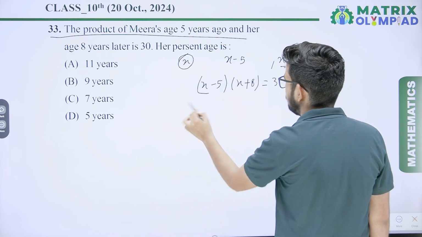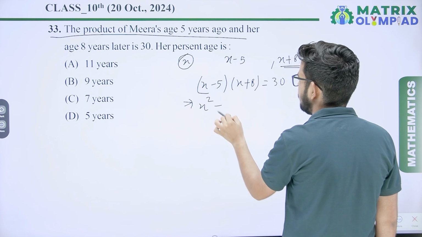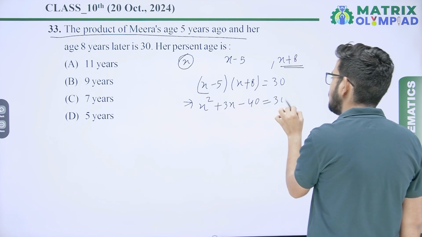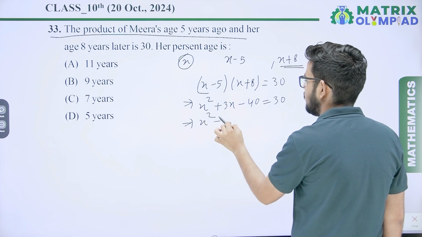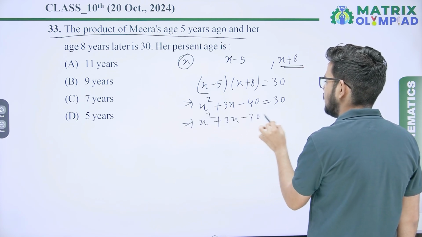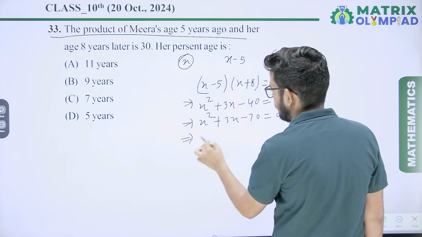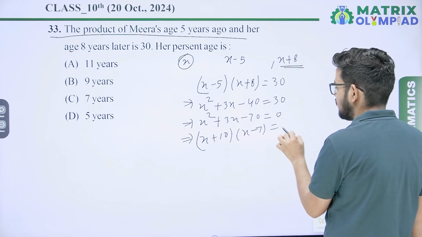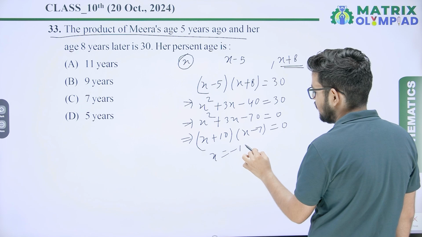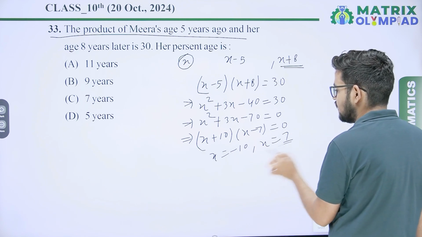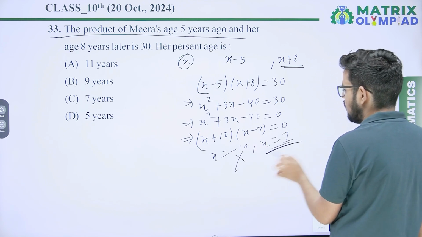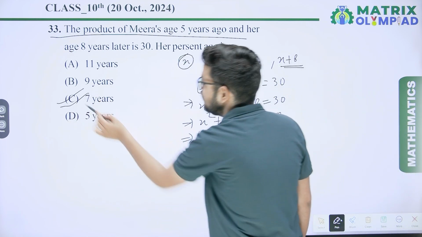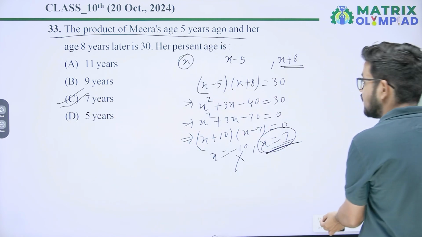So after simplification we will get x square plus 3x minus 40 equal 30, x square plus 3x minus 70 equal 0. When you factorize, you will get (x plus 10) and (x minus 7) as the factors, put equal to 0. So x equal to minus 10, x equal to 7. Negative age is not possible, so her age is 7 years. Option C will be the correct answer.